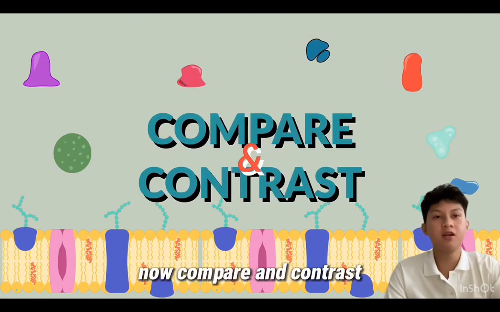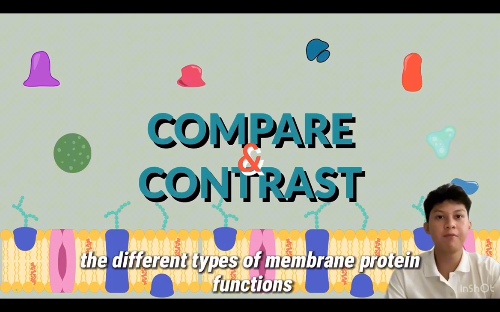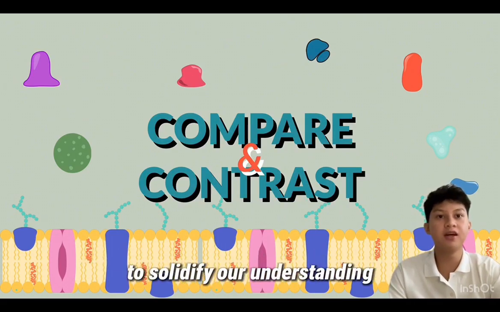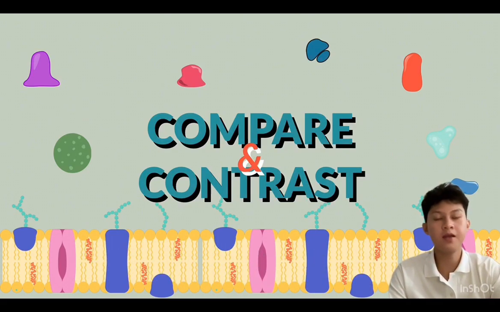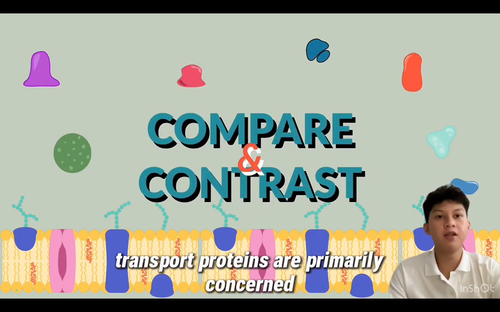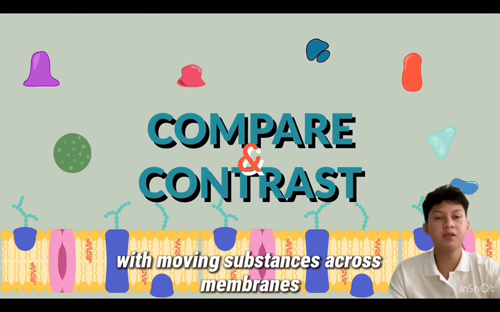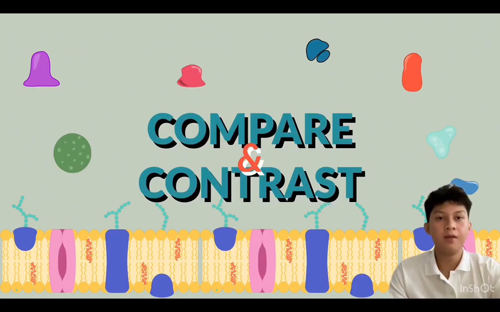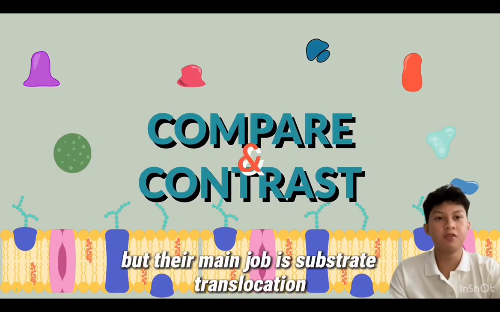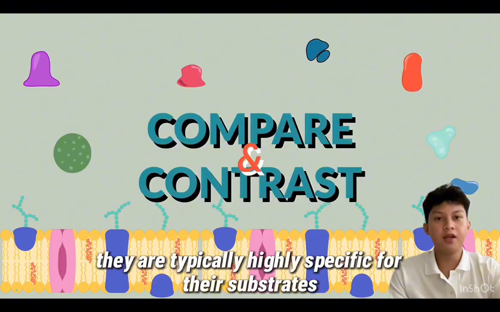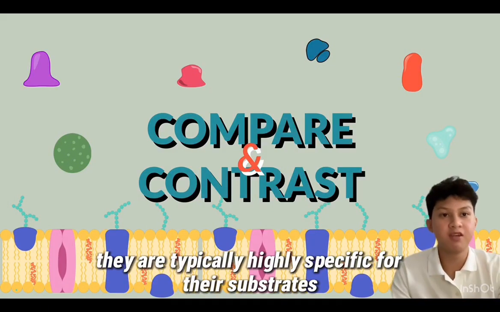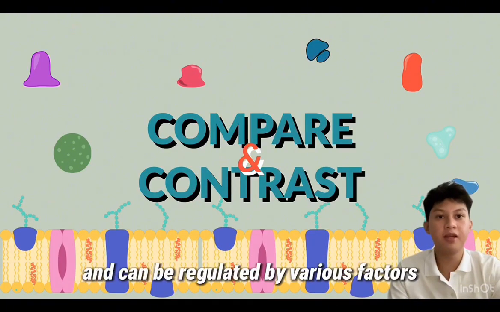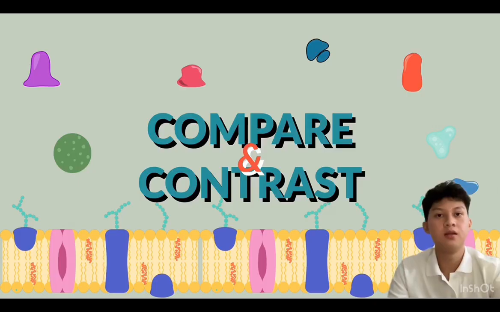Now let's compare and contrast the different types of membrane protein functions to solidify our understanding. Transport proteins are primarily concerned with moving substances across membranes. They can be passive or active, but their main job is substrate translocation. They are typically highly specific for their substrates and can be regulated by various factors.